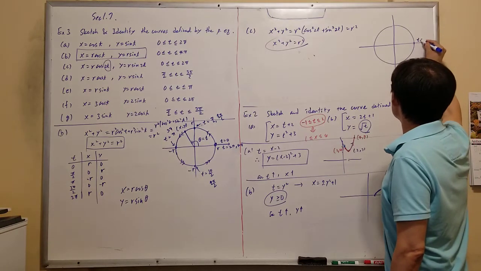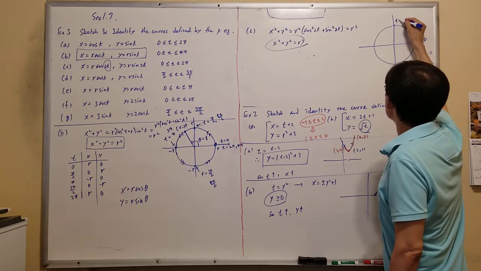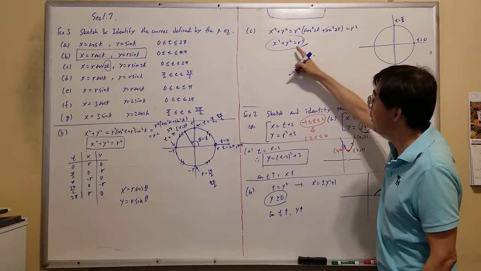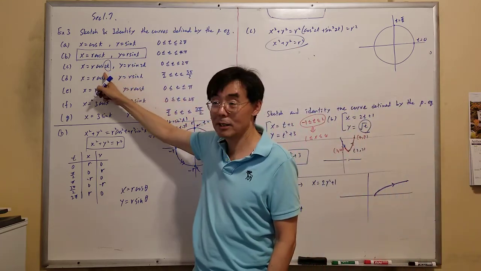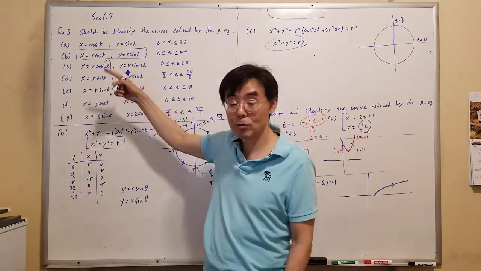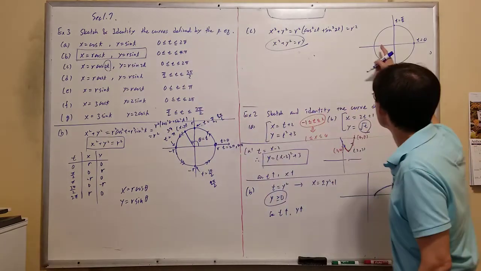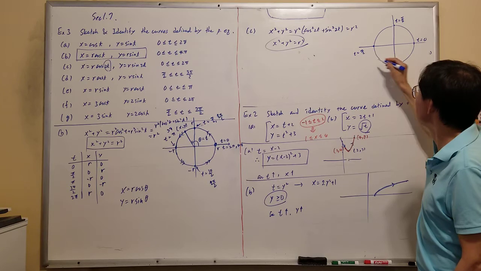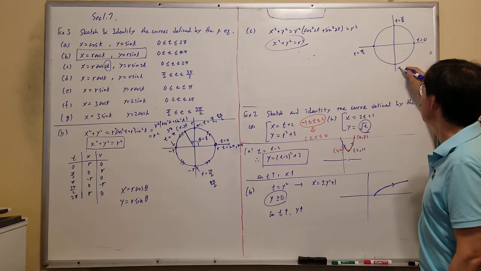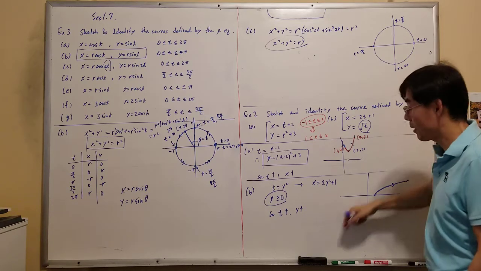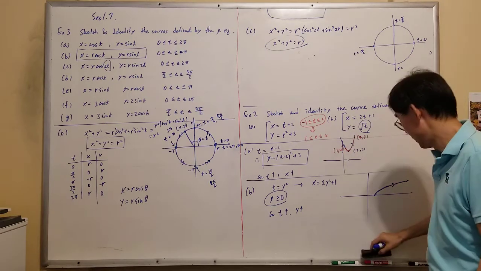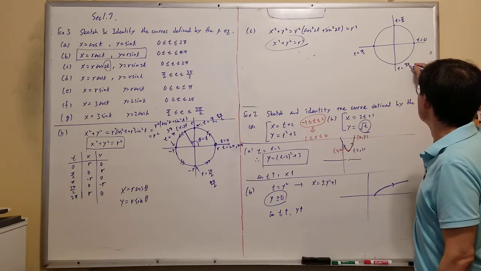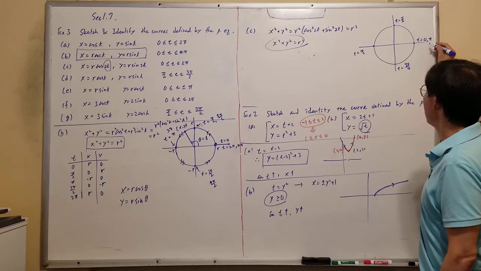So this is t equals 0, not pi over 2, but pi over 4 will make it cosine pi over 2, sine pi over 2, so 0, 1. So over here. And t equals pi over 2 will be here. T equals 3 pi over 4. And pi.